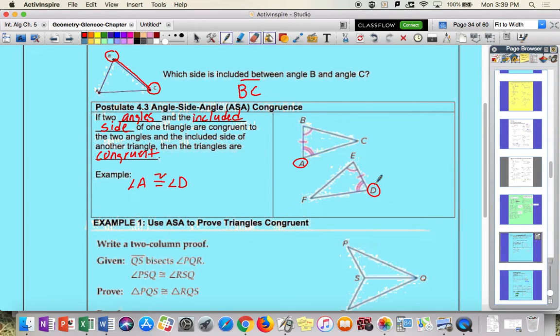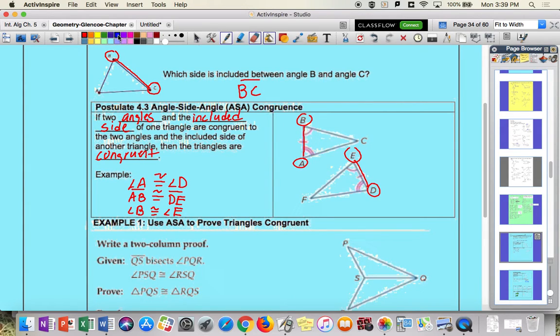Then we have a side that is included between those: side AB, which is congruent to side DE in our second triangle. And then we have our other angle, angle B in our first triangle, which is congruent to angle E in our second triangle.